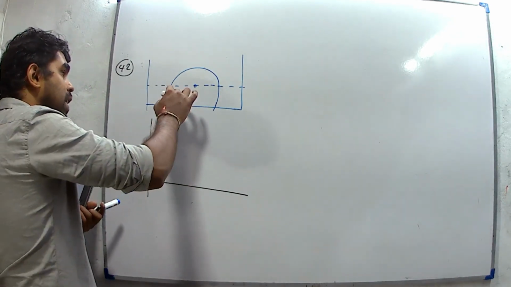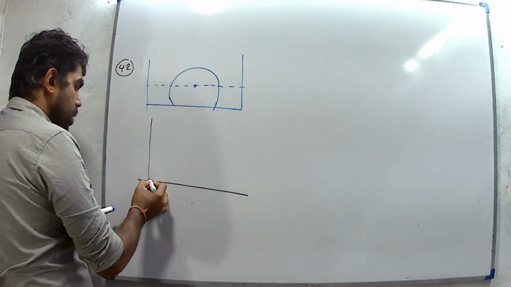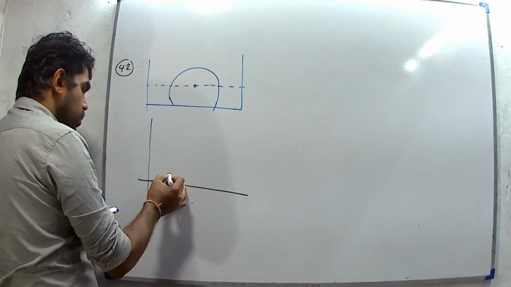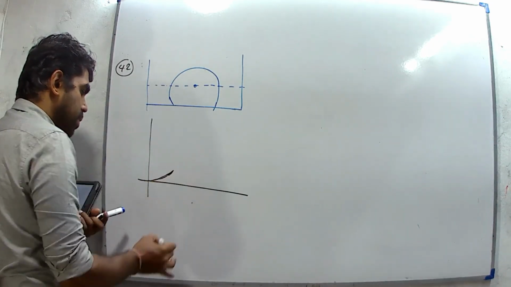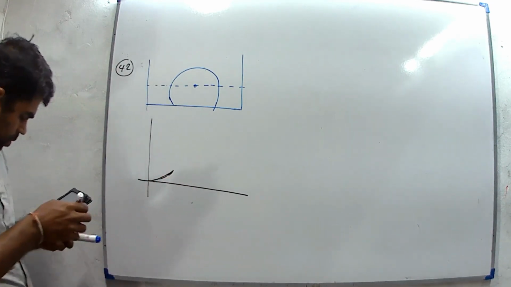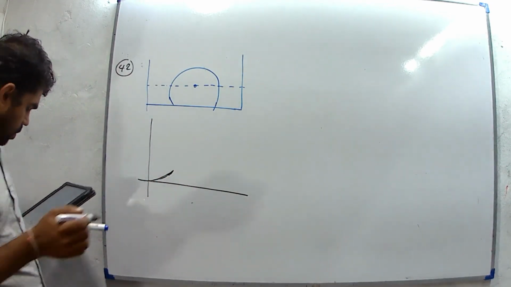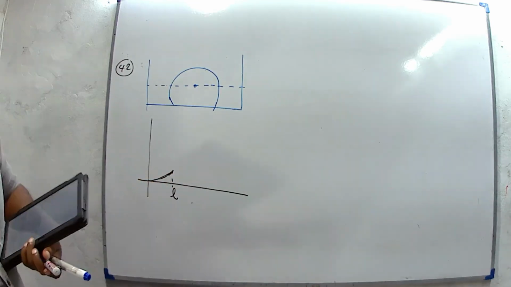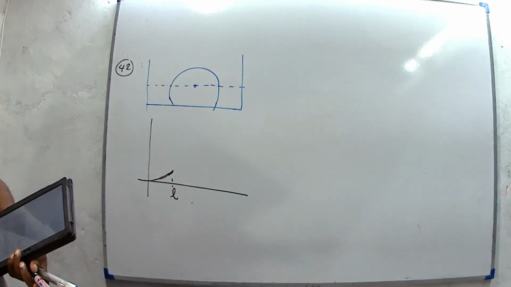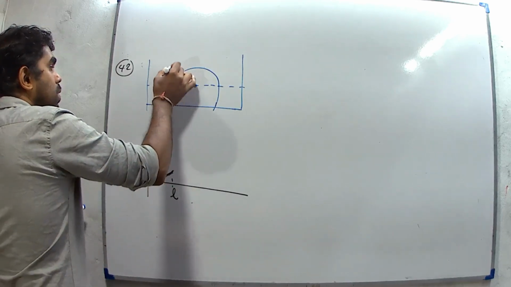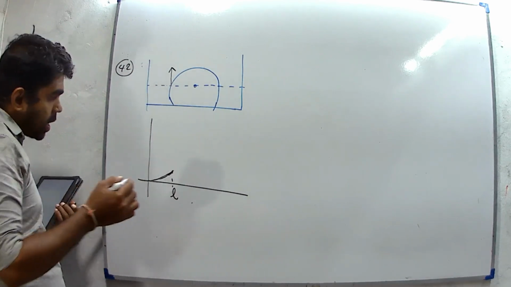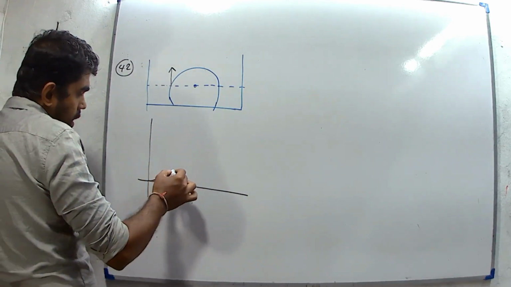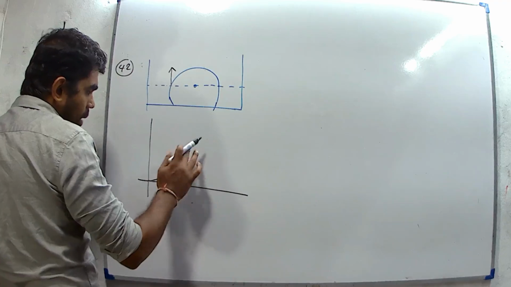Immersed volume is increasing, so the graph should start like this, up to L. After that, from this side to this side, the increment is reducing with time.